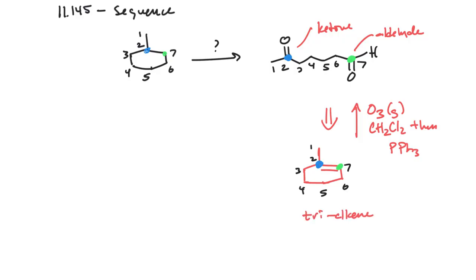So that's a tri-substituted alkene. And how do we make alkenes? We make them from elimination.